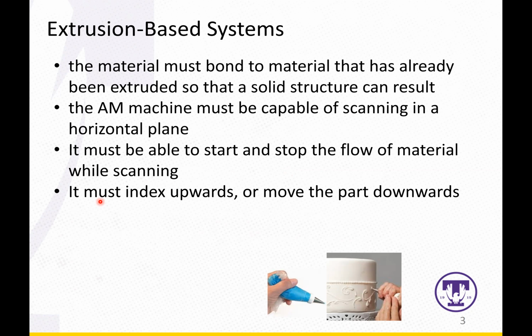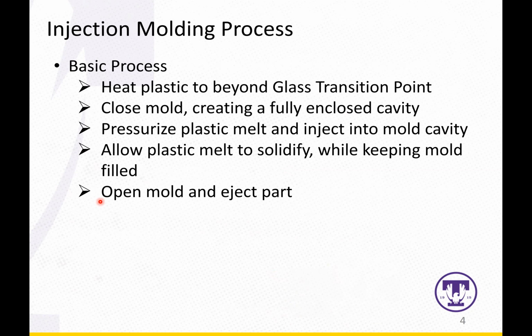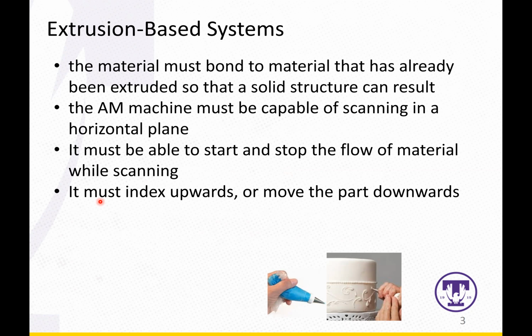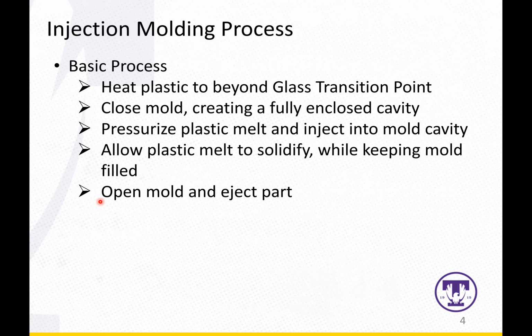And let's take a look. But before that, let's have a review of the injection molding process, because as you can see, many points of injection molding are identical to extrusion-based additive manufacturing, right? Let's see how we could link injection molding to additive manufacturing.